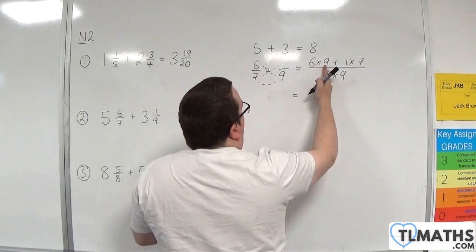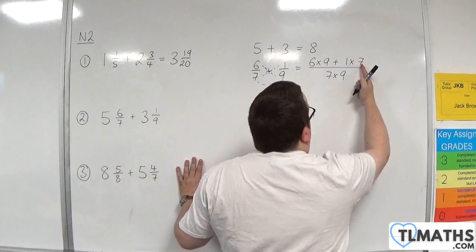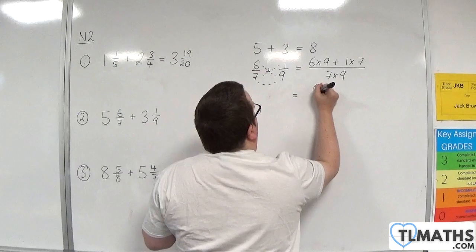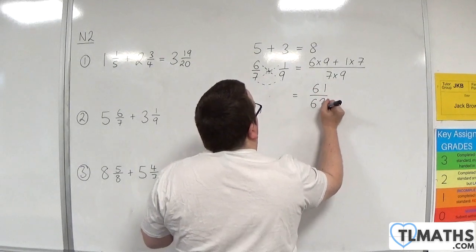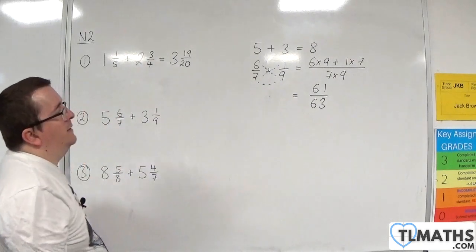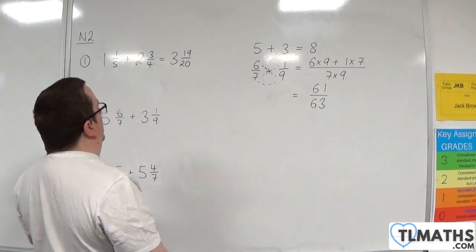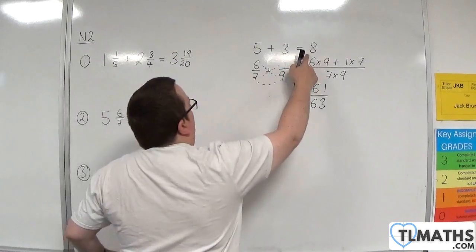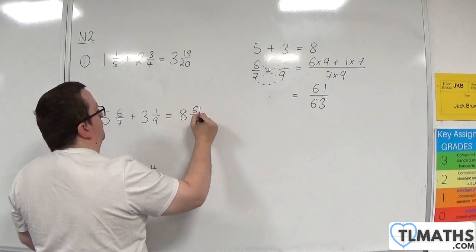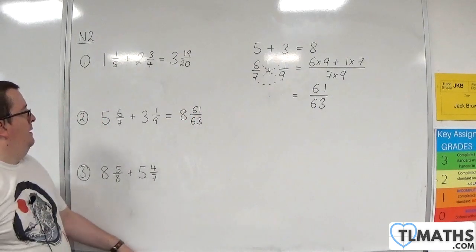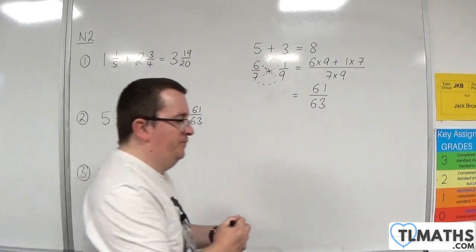So 6 times 9 is 54, add on the 7 gets us up to 61, and that's 7 times 9, which is 63. So that can't be simplified. So we have 8 and 61 over 63. Okay, so that's example number 2.